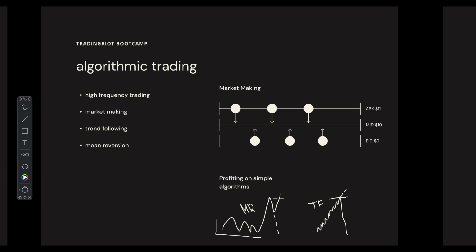But when it comes to algorithms, you can find a way of profiting on these. So for mean reversion, it usually happens when markets hit some unexpected types of events.